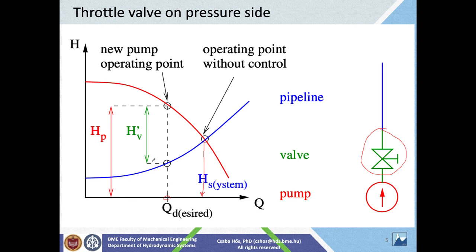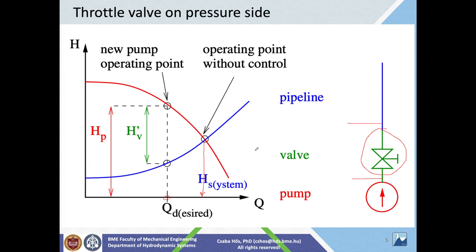Clearly, this is a very poor choice in terms of energy, because I increase the pressure of the fluid to an unnecessary extent, and just after the valve I get rid of it. But this is a very simple way of controlling. Please have a look at the lecture notes.